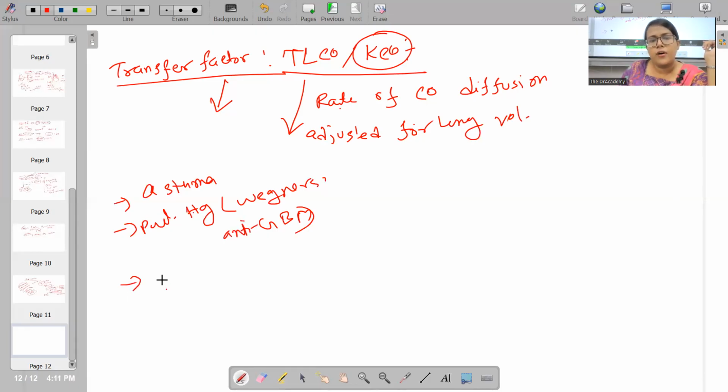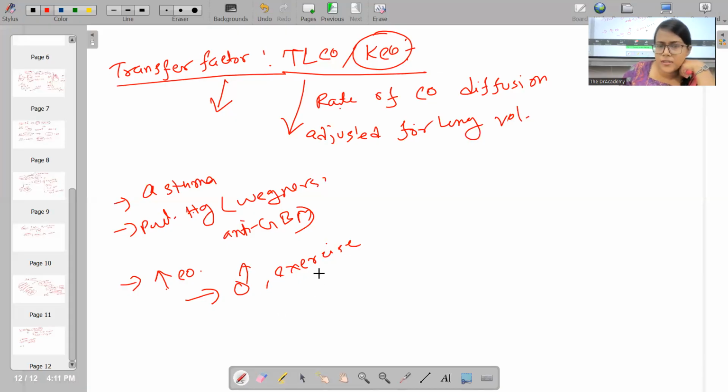Then high cardiac output, like heart failure, can be another cause. And male sex, also exercise, all these things can cause it. And I think there is another cause for increased TLCO. Oh yes, polycythemia, okay. Of course, if there is an increased amount of blood flow in the pulmonary vasculature, the TLCO will be increased.